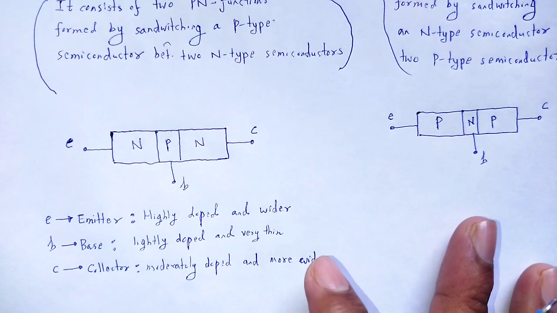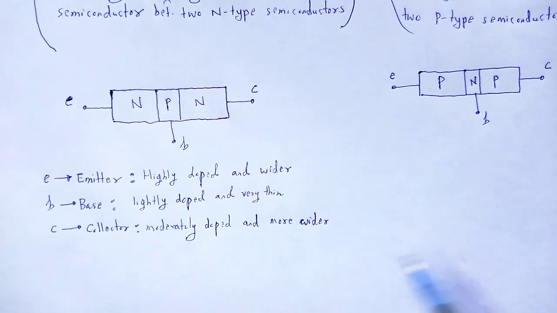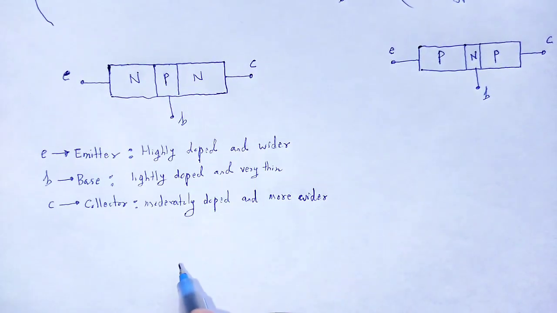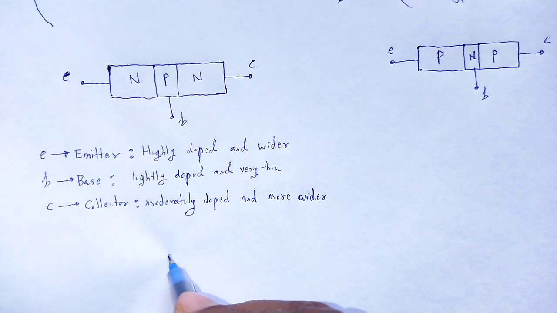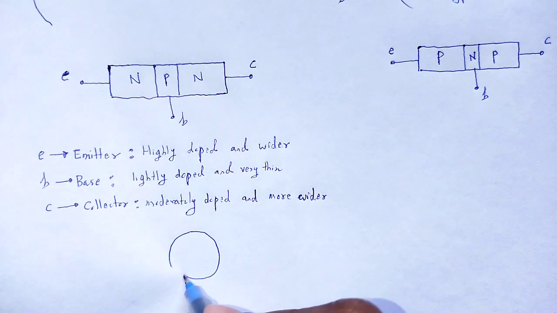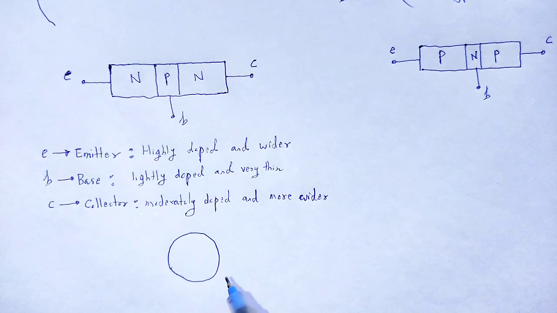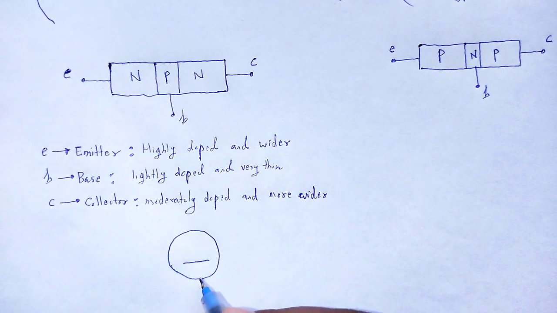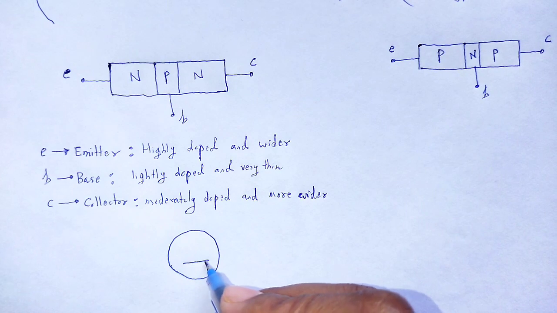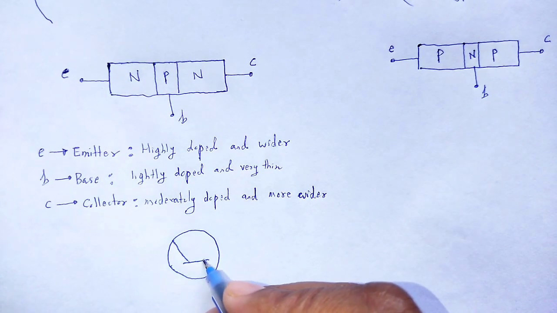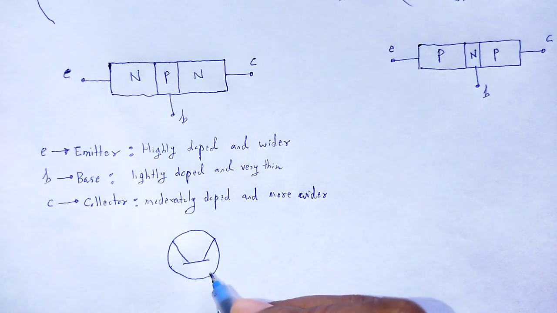Symbolically, we show an NPN transistor: that is base, one is emitter, another one is collector.